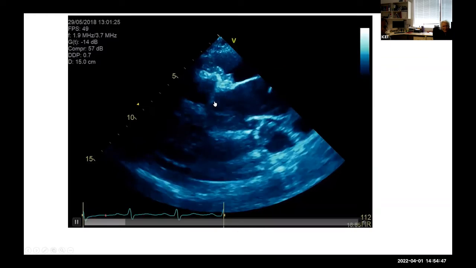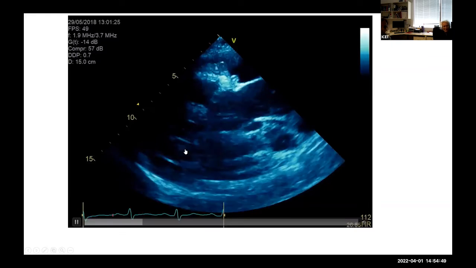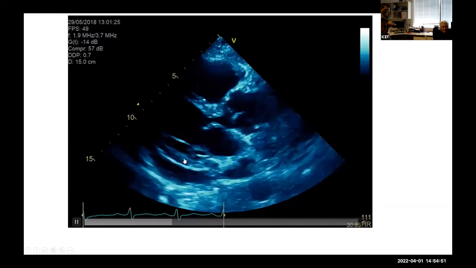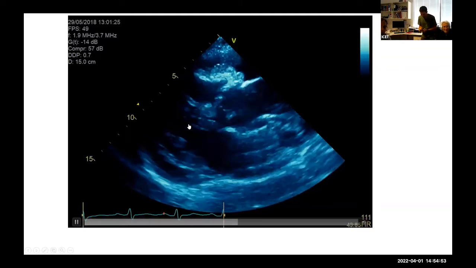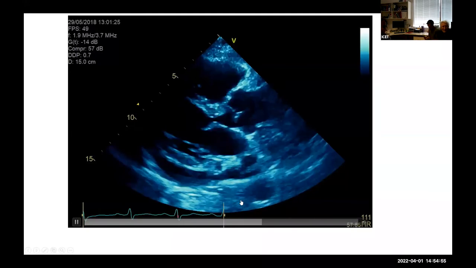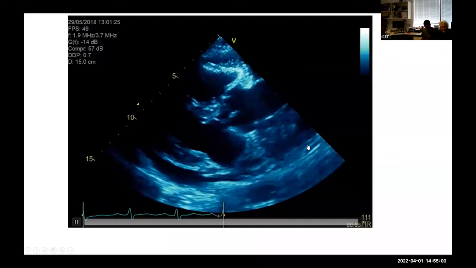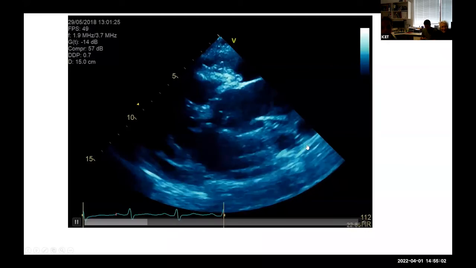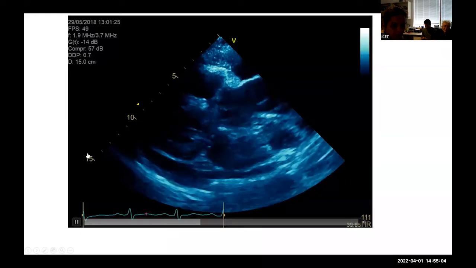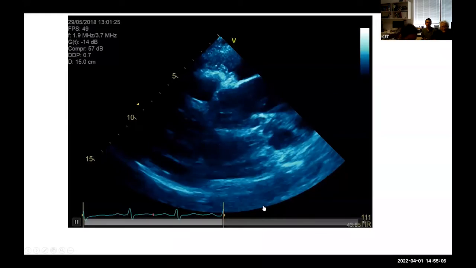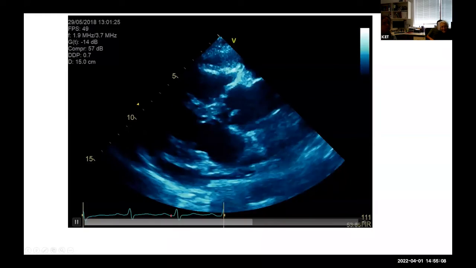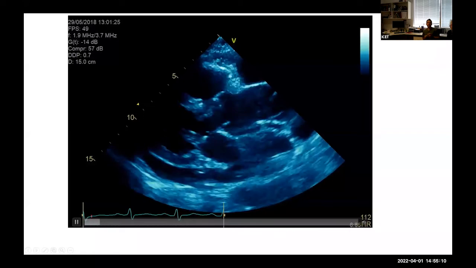LV, I can't see all of the segments, but at least the basal segments seem to be thickening appropriately. There are no obvious regional changes. That's it, actually: pericardial effusion, pericardium, and the descending thoracic aorta. Okay, go on to the next one.